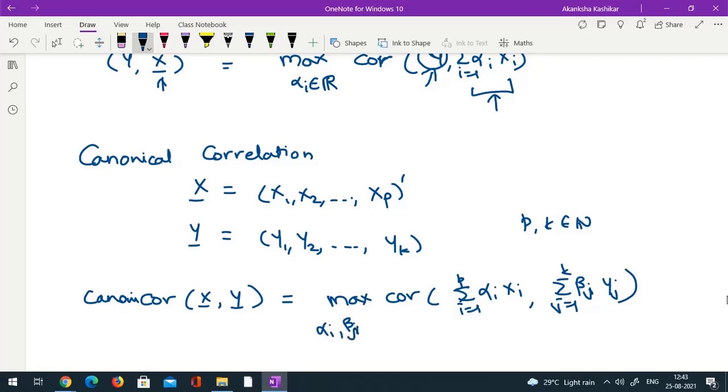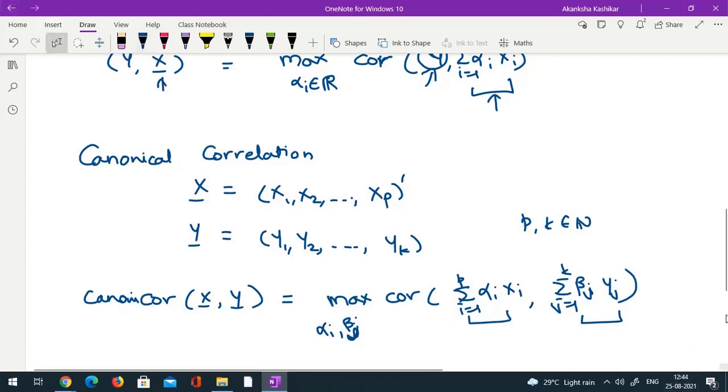Okay, you choose alpha i's and beta j's in such a way that you get maximum possible correlation between linear combination of xi's and linear combination of yj's. So that correlation will be called as canonical correlation. Okay, so it is a direct generalization of multiple correlation.